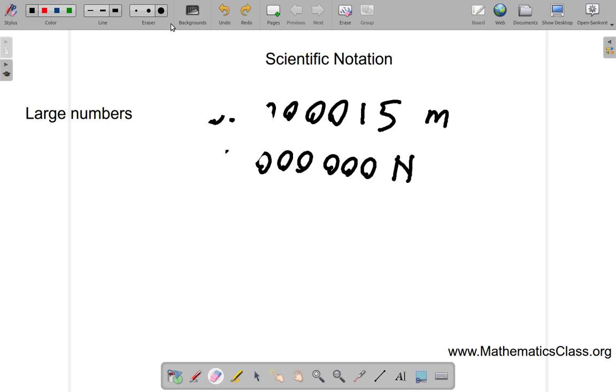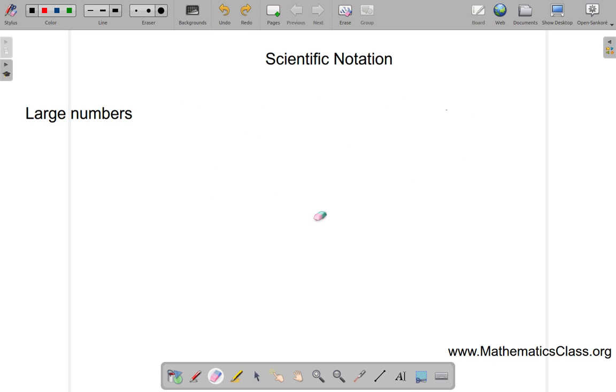Alright, now suppose you have, for example, 13. Alright, let's not use a million at this time. 13,000. And you want to write this in scientific notation.